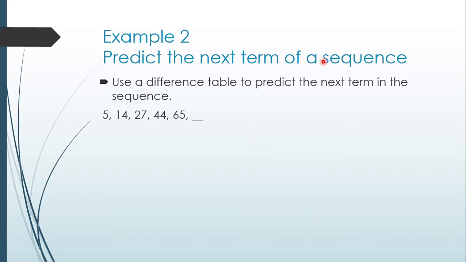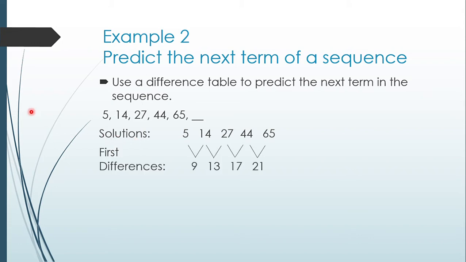Predict the next term of a sequence. Use a difference table to predict the next term in the sequence: 5, 14, 27, 44, and 65. Solution. First, you have to copy the given.